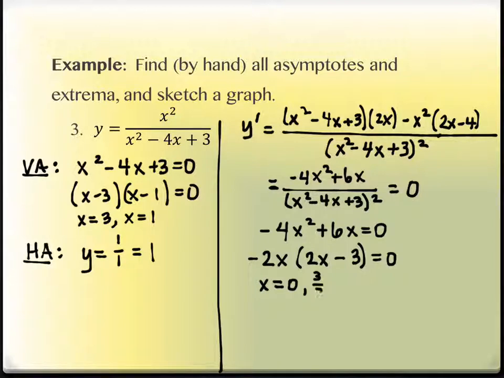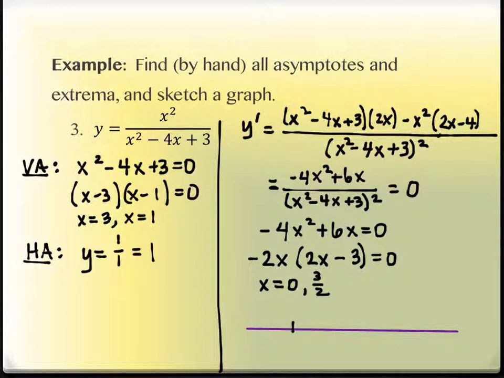0 and 3 halves. And this is where the sign chart's a little complicated. I have those two numbers on my sign chart, so that's fine. But that's not all I have on my sign chart. I also have the asymptote values on my sign chart.